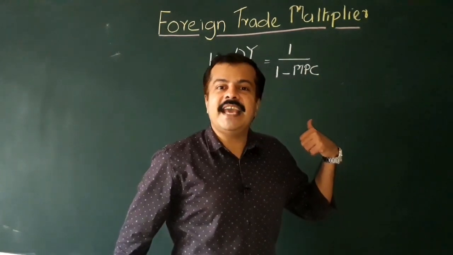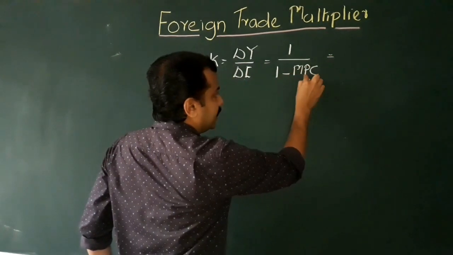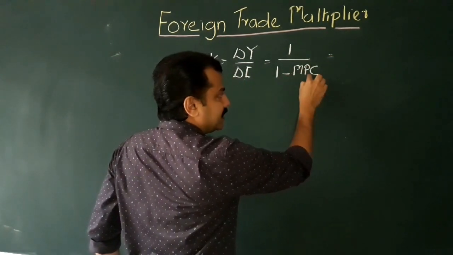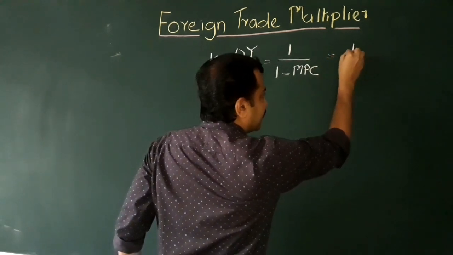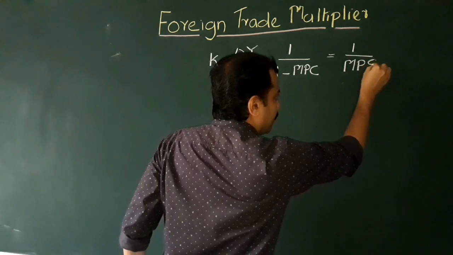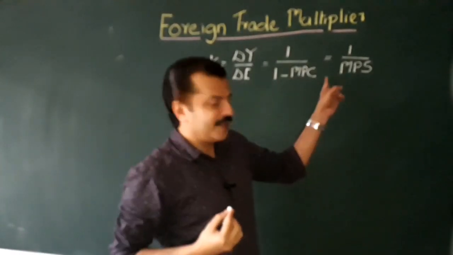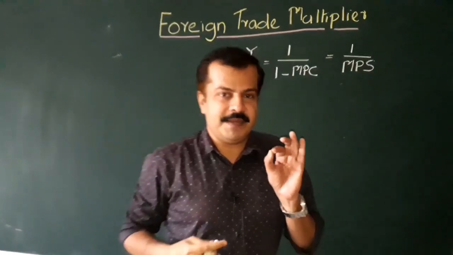This is the Keynesian investment multiplier. Also, since 1 minus MPC is nothing but MPS, it can be written as 1 by MPS. So, this is the investment multiplier.